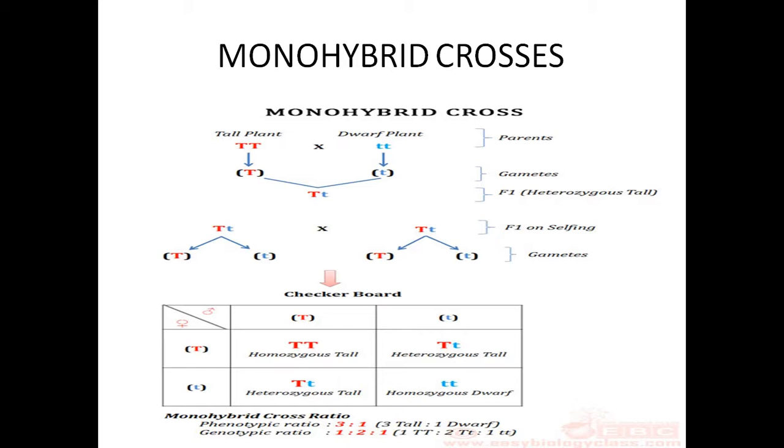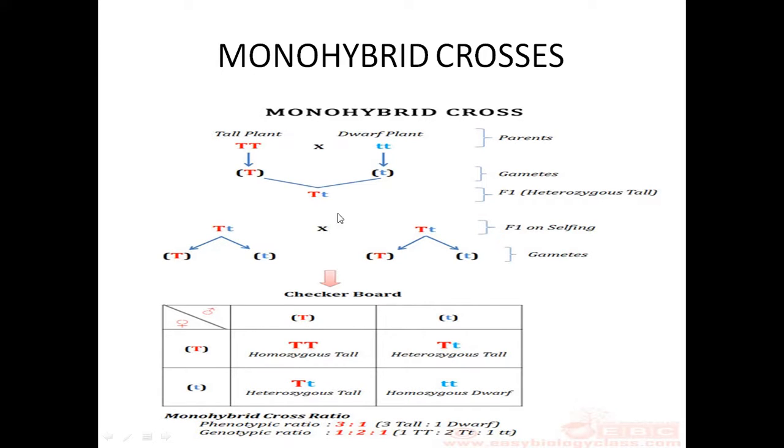Then we are taking the F1 generation, capital T small t, heterozygous tall, and we are making a self cross between the F1 generation. What is the F1 generation here? The heterozygous tall, capital T small t.